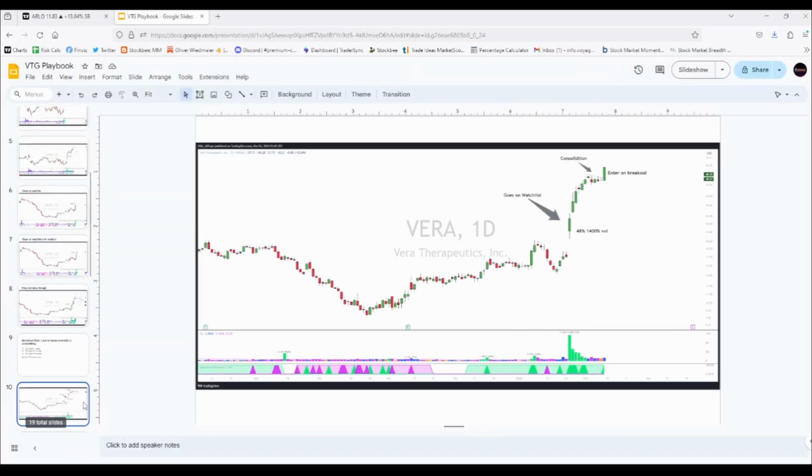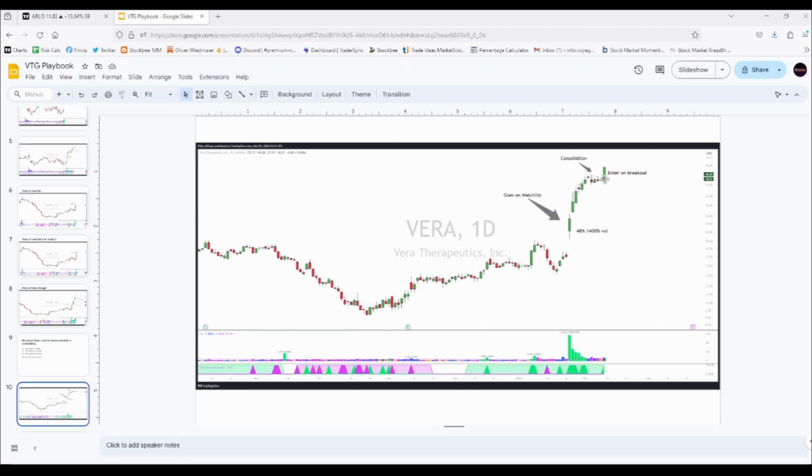You can look at the playbook here and you can see some examples of what I'm talking about. You have this ignite, right? So this goes on the watch list. It gaps up, okay? Let's say you missed the entry here. You don't feel like it's tight enough. It stays on the watch list, stays on the watch list, stays on the watch list. Now it's going sideways.